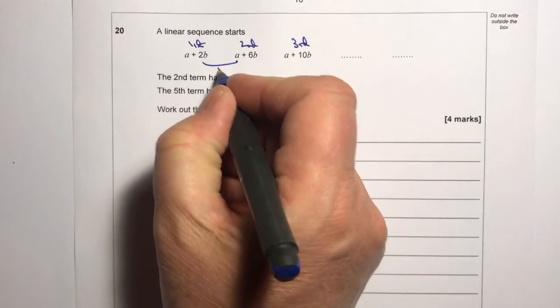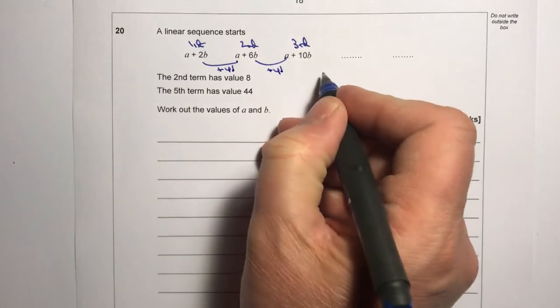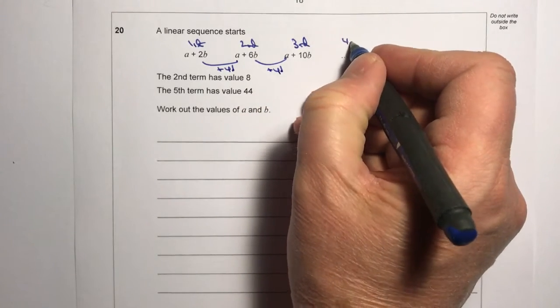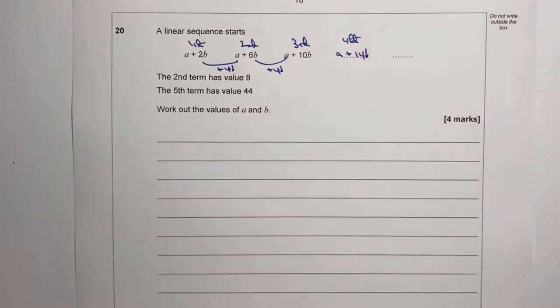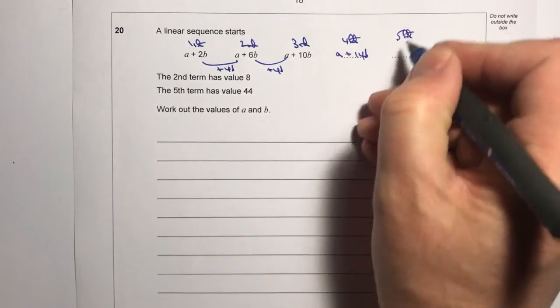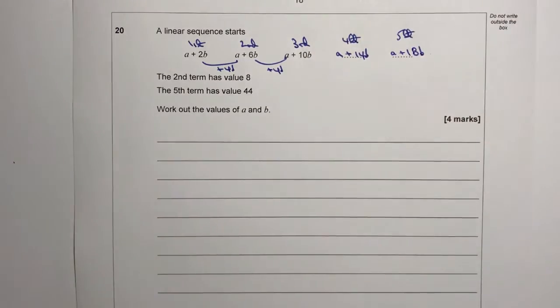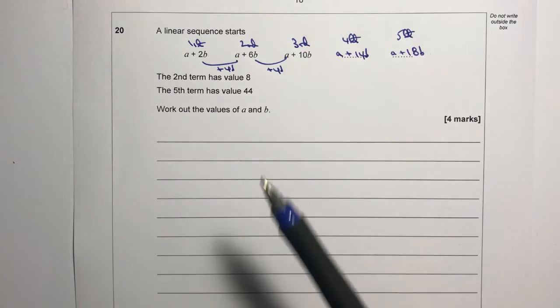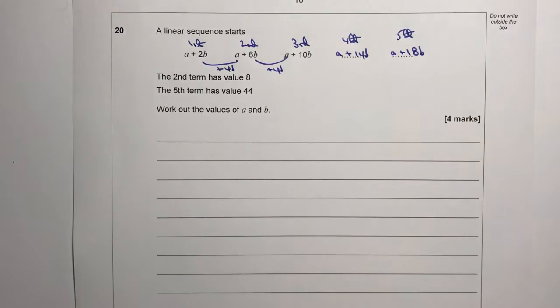Well, with each of them I'm adding 4b. So if I want to know the value of the fourth term, it is going to be a plus 14b, and the value of the fifth term is going to be a plus 18b. Hopefully you can see that each time I'm adding 4b to each of these terms.